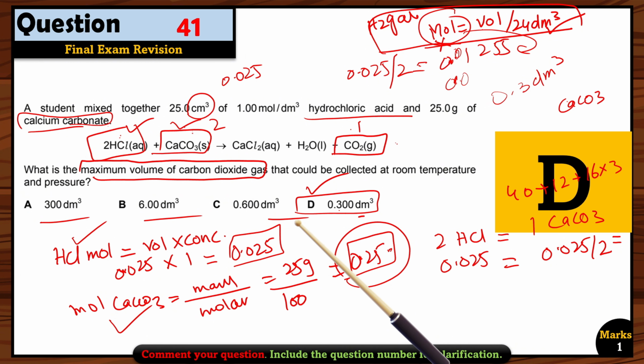Now I have given you the trick for knowing when you have to find the limiting reactant. If in the question they have given you the information of 3 compounds from the reaction, and out of those 3, 2 are reactants, then you have to find the limiting reactant.